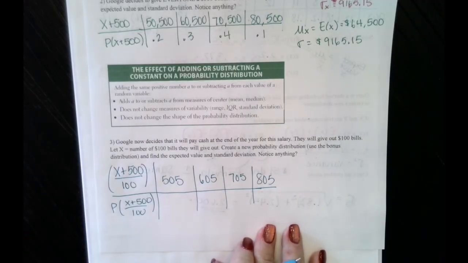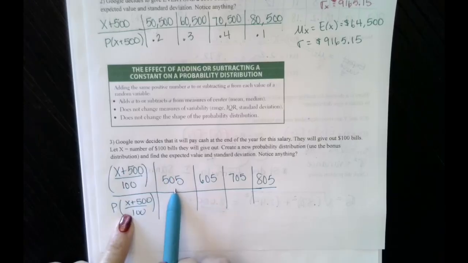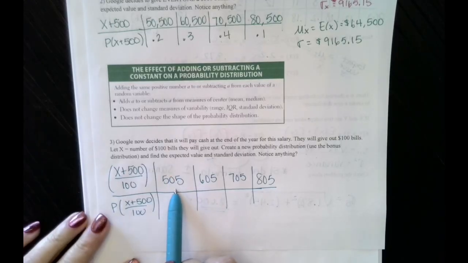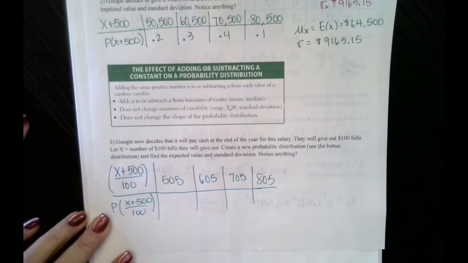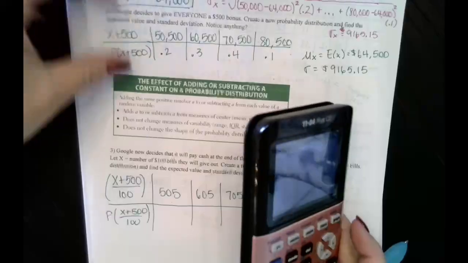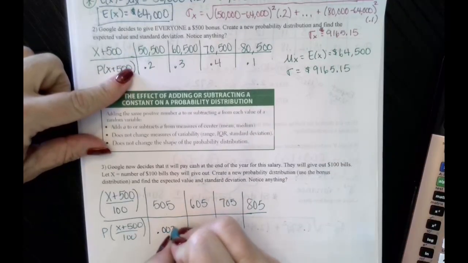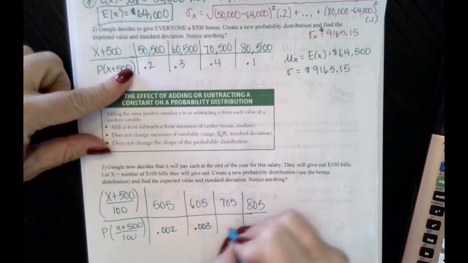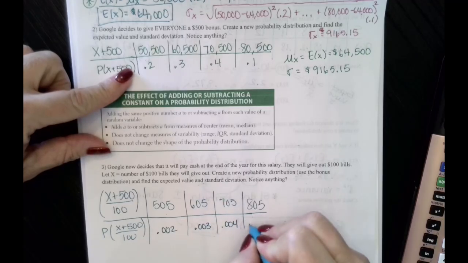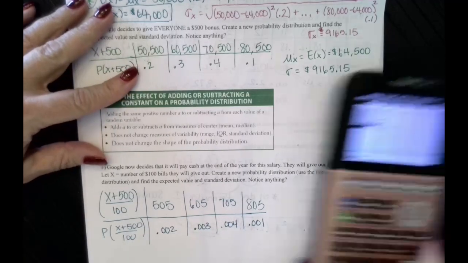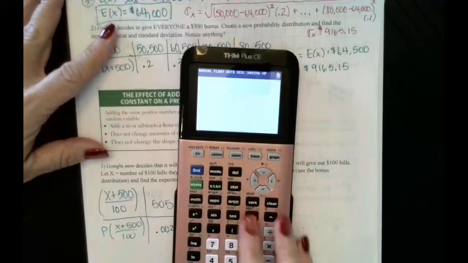So if I look at this value down here, which is the probability of this number divided by 100, I'm going to take the value that I have on all of these and divide that all by 100. If I've got these values and I'm dividing them by 100, it's going to be 0.002, 0.003, 0.004, and 0.001.